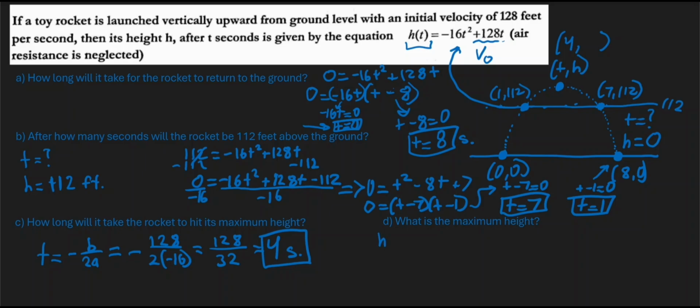We have h of 4. The height after 4 seconds would be negative 16 times 4 squared plus 128 times 4. All right, so negative 16 times 4 squared would be a 16. And then 128 times 4, let's check what that would be.